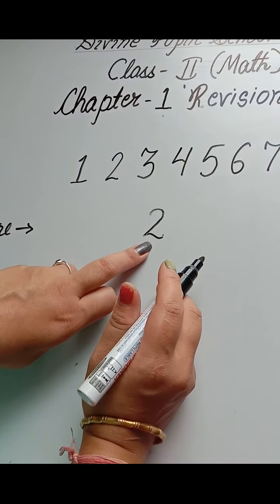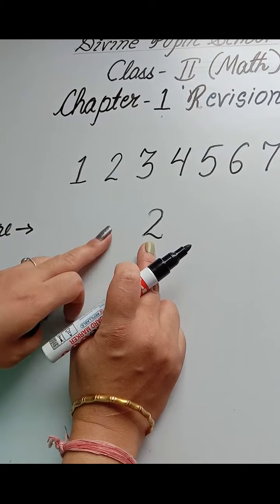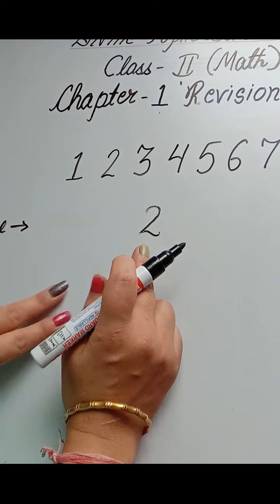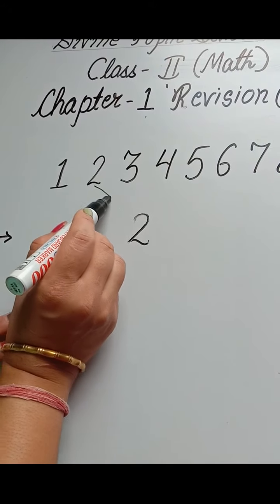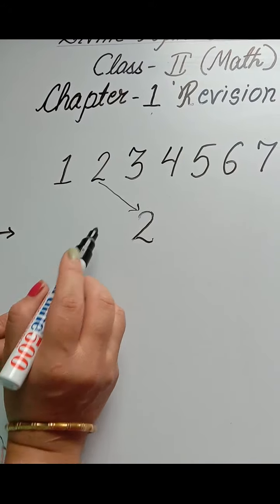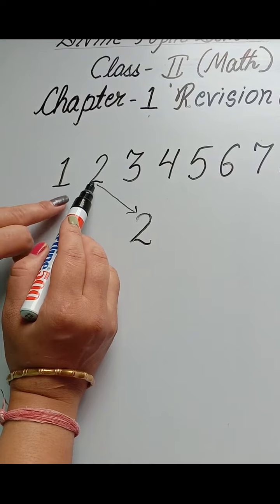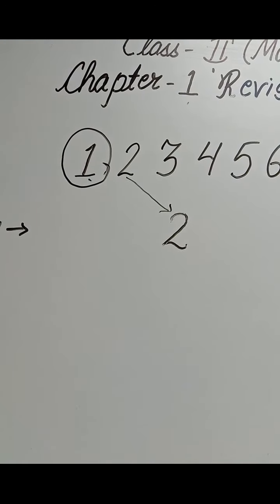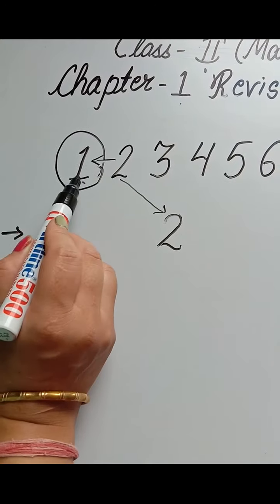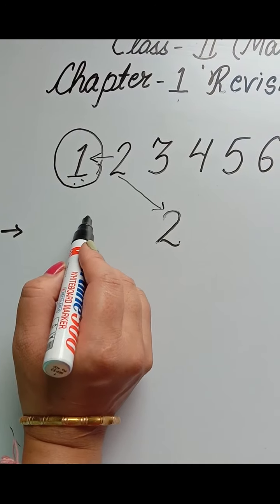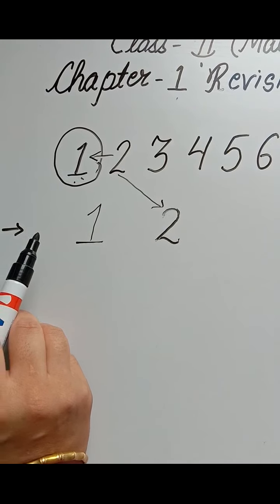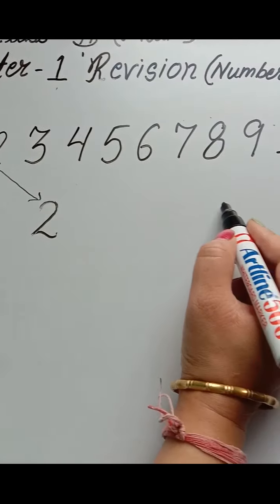If I give you 2, which number will be in front? Look here, this is 2, right? And which number was just before the 2? It is 1. That means your before number is 1. Understood?